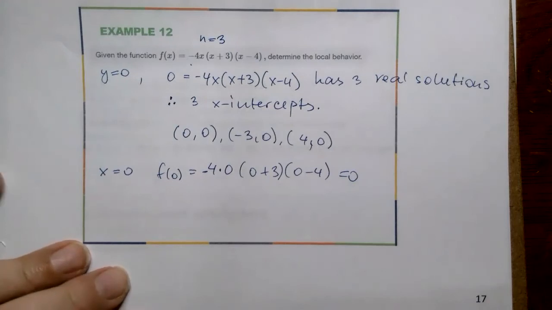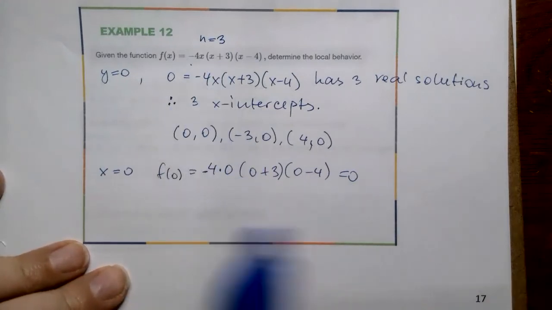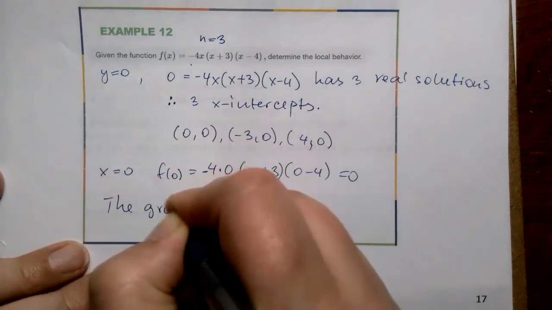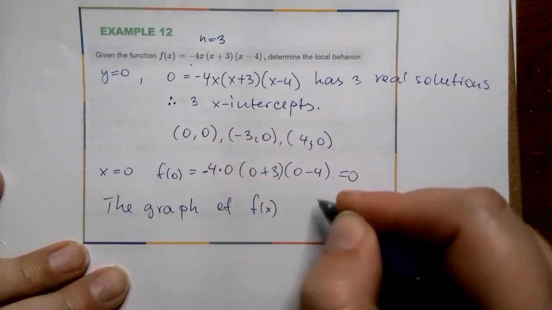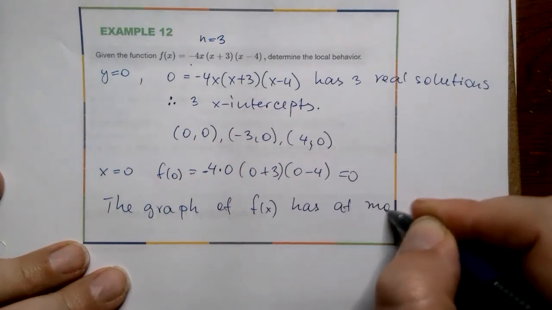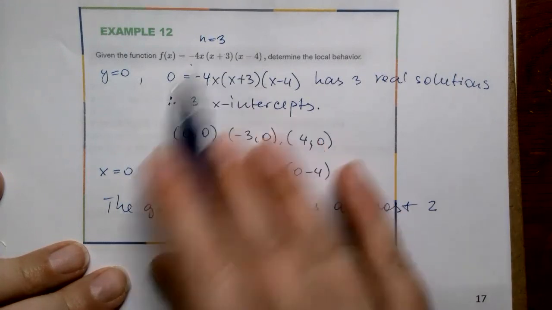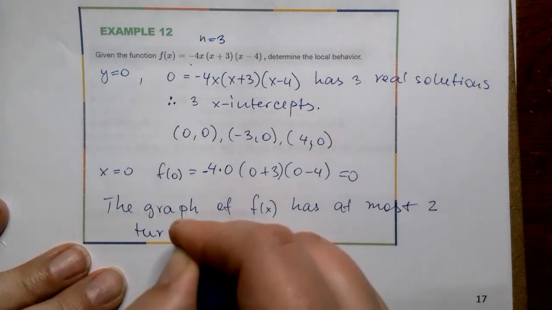And because of that, the graph of this function has at most 2 turning points, so 1 less than the degree.